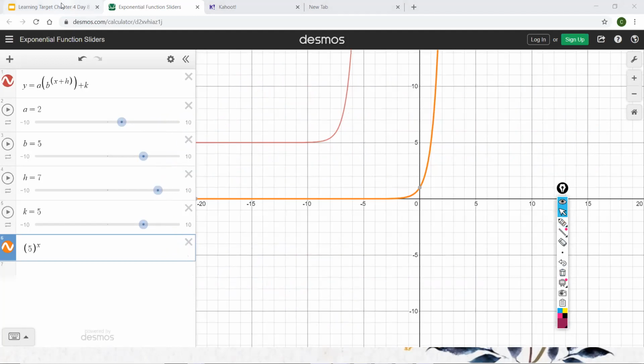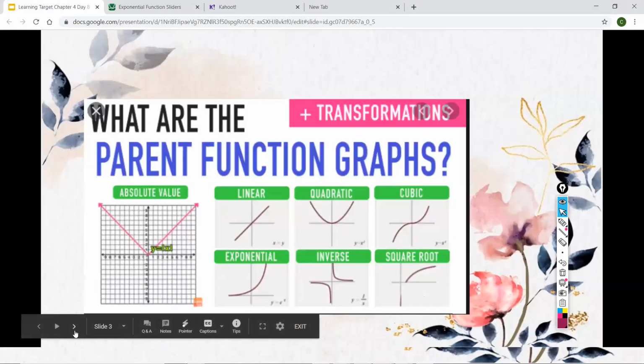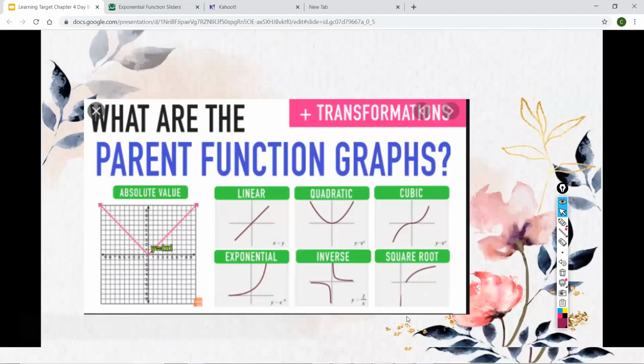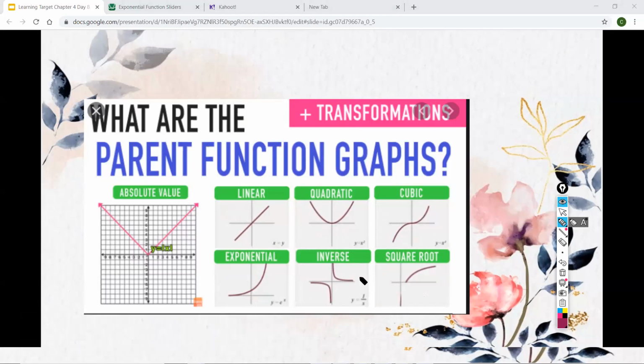Okay, now look at this one. These are what parent functions actually are. So I want you guys to look at all of these because we've only studied 3 of them, and the ones that you should already know. You don't have to worry about that yet.